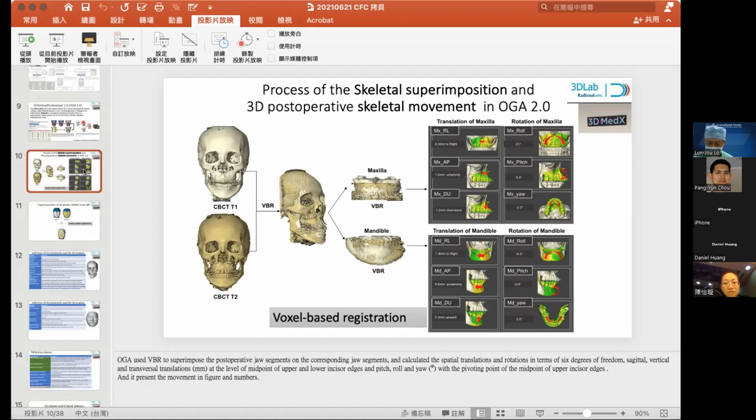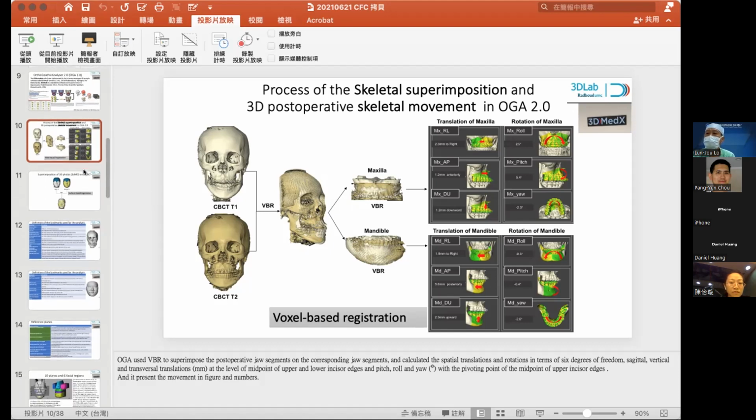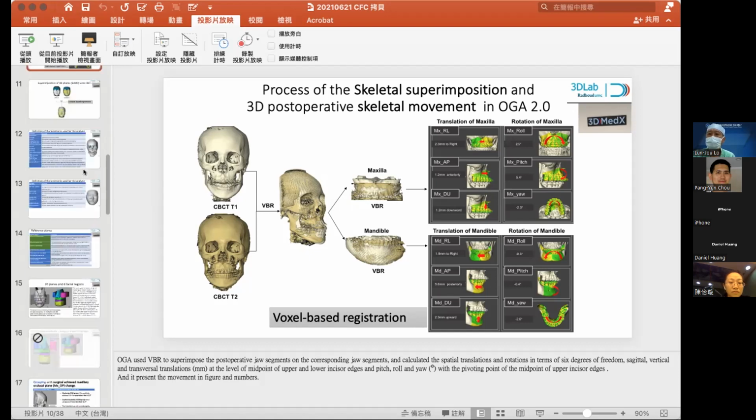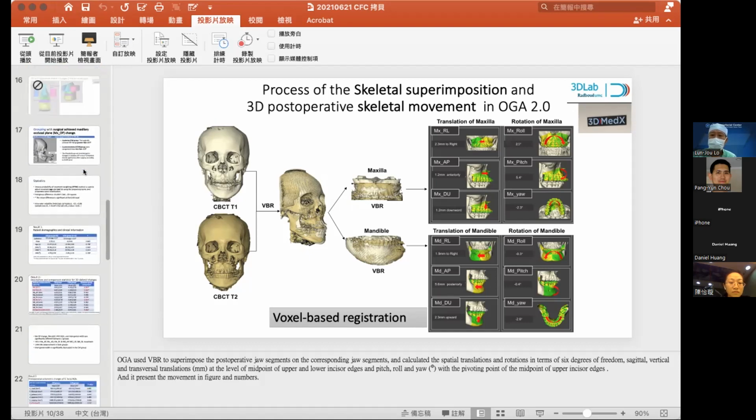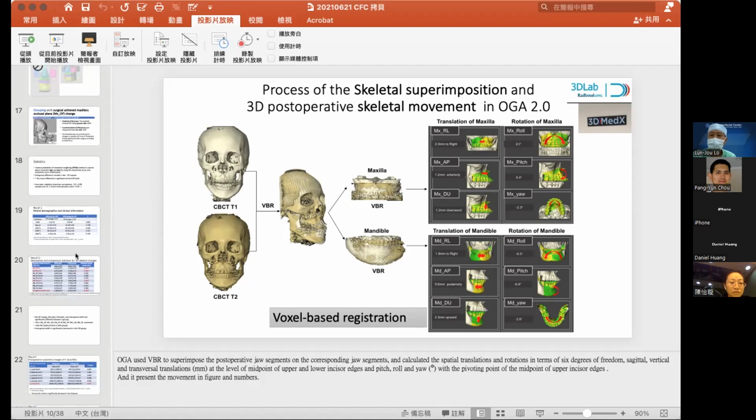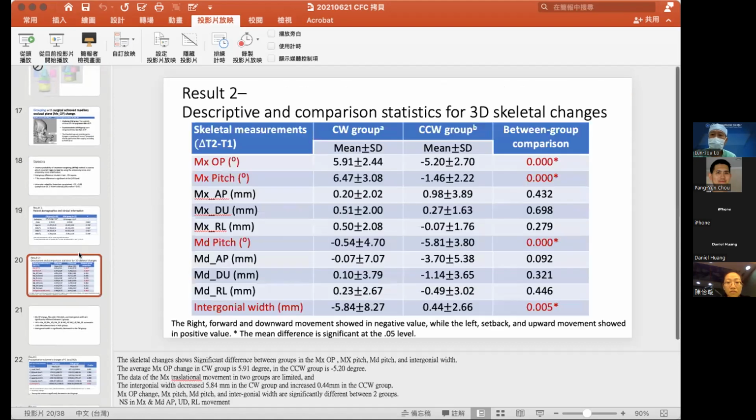My second question is, you mentioned your maxillary surgery had minimal surgical movement, but your maxillary occlusal plane changes are minus and positive around 5 degrees. That's a lot of change.